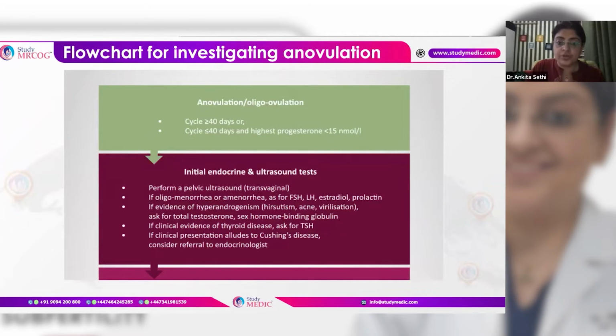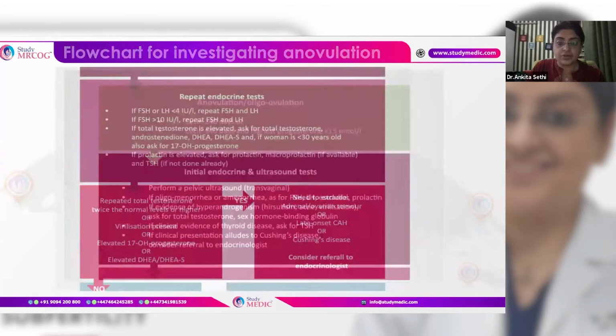If oligomenorrhea or amenorrhea is there, FSH, LH, estradiol, prolactin need to be done. If evidence of hyperandrogenism is there, hirsutism, acne, virilization, we need to get a total testosterone and sex hormone binding globulin done. If there is clinical evidence of thyroid disease, ask for TSH. If clinical presentation alludes to Cushing's disease, then consider referral to an endocrinologist.